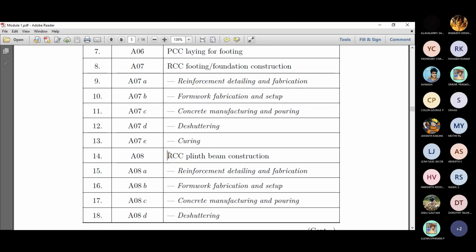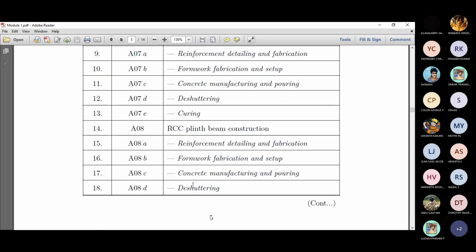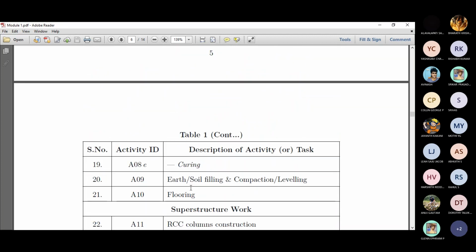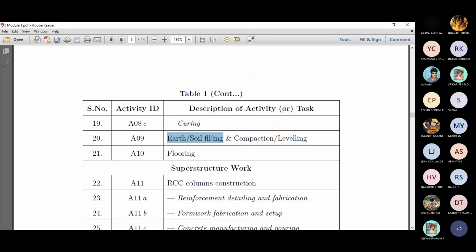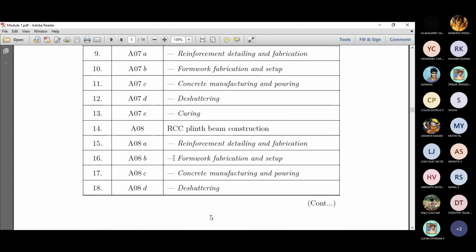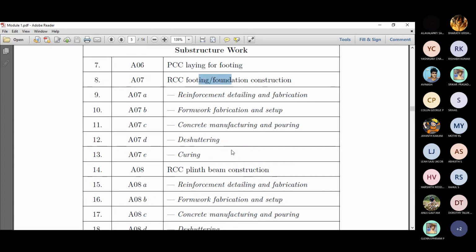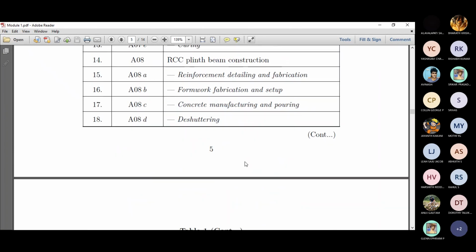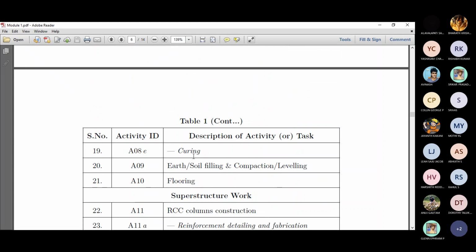Whereas that same process is repeated for the RCC plinth beam. You need to do reinforcement, formwork, concrete manufacturing and pouring, then de-shuttering and curing, right? And then earth and soil filling. So once the substructure, the footing and the plinth beam, is done, generally the voids, where we would have taken extra width during excavation, get backfilled.